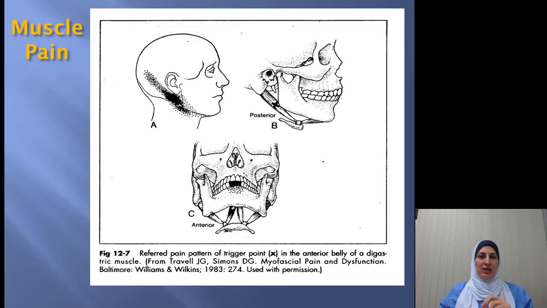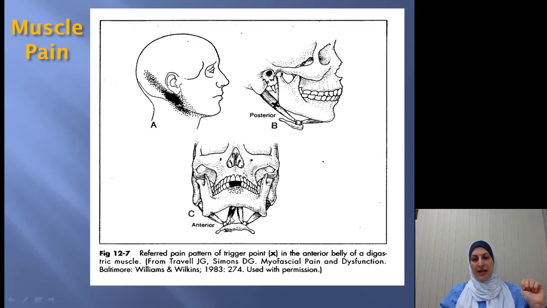So do not just go on and proceed with extraction of the wisdom teeth, hoping that they might be the cause. If there is no problem with the wisdom teeth, just leave him alone and go and check other causes of pain. Probably it's a myogenous pain.